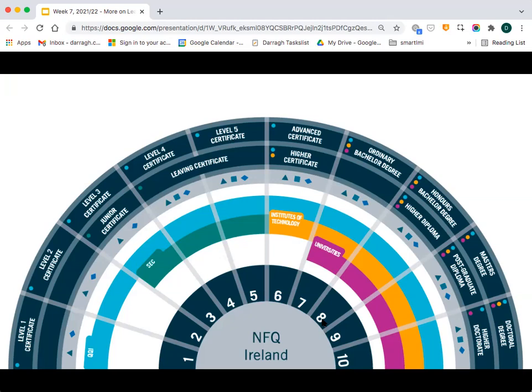When we talk about different qualifications or awards, you might hear people talk about a level 7 award, a level 8 award, or level 9. The key element there is that it is an indication of whether that refers to a master's degree, a certificate, a diploma, and so on. So people might talk about a level 8 award, and it's important to be aware that's pretty high up.